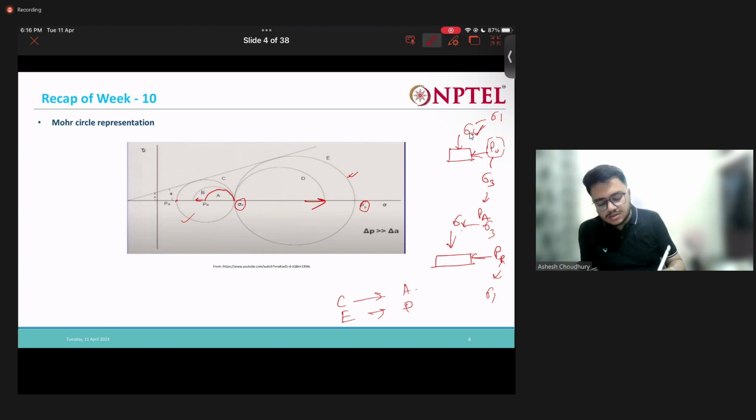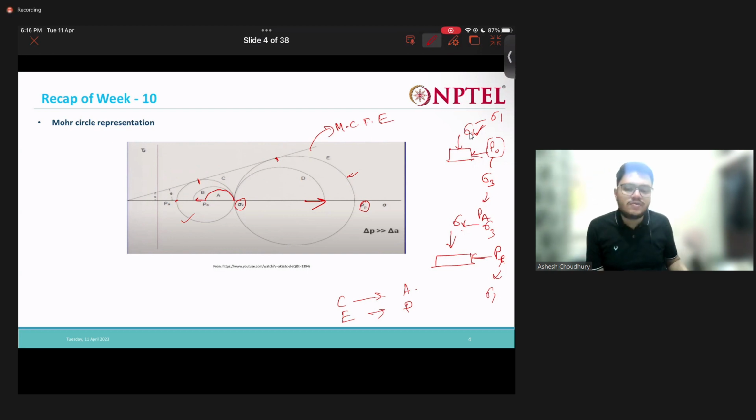Both these circles will meet these lines at these particular points. This line is nothing but my Mohr-Coulomb failure envelope, right? The Mohr-Coulomb failure envelope will make a tangent to these circles.